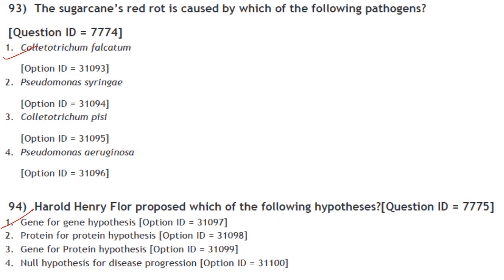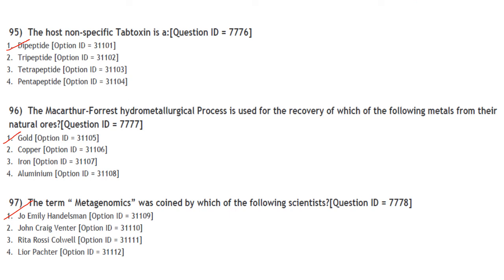It is Colletotrichum falcatum. The next one. Harold Henry Flor proposed which of the following hypotheses? Gene for gene hypothesis. Answer is option 1. The host non-specific toxin is a dipeptide. Answer is option 1.